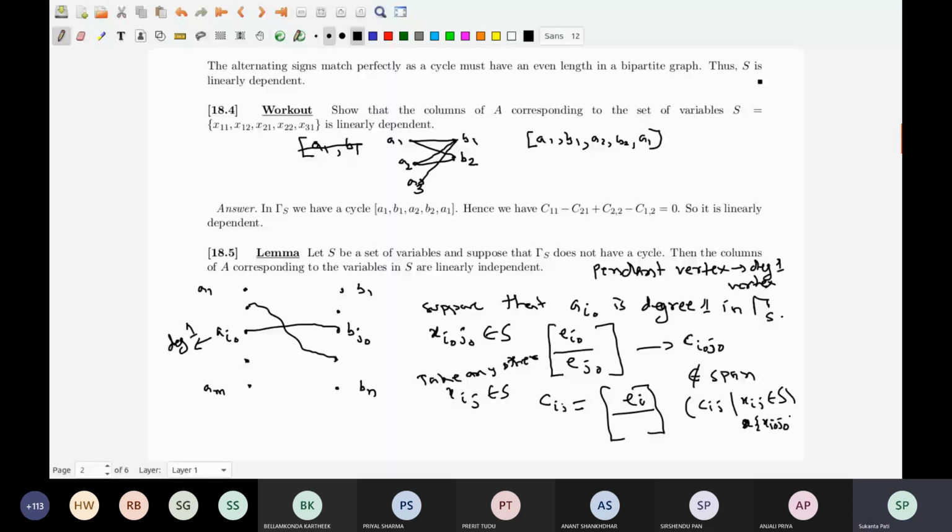You remove x i0 j0. So it basically means x i0 j0 is independent of the remaining.